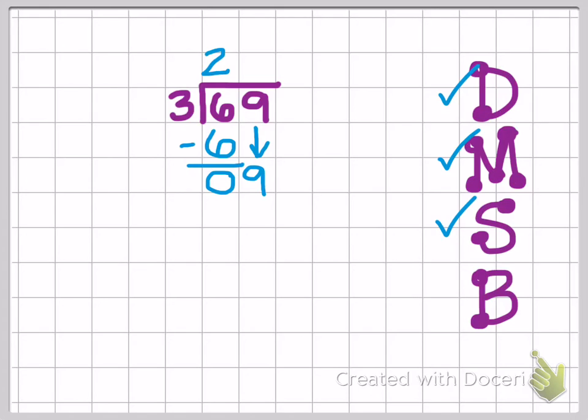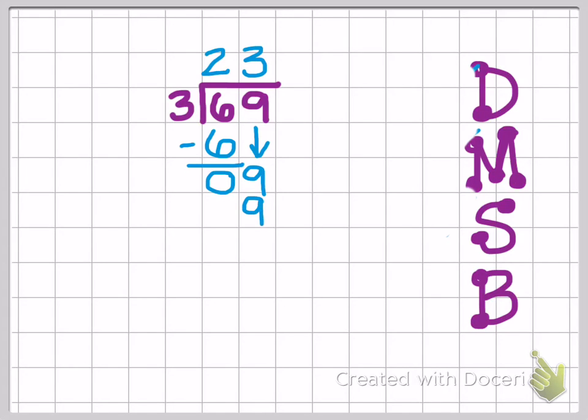It's time to start over with our steps. 9 divided by 3 is 3. Place the 3 right here above your 9. Our next step is to multiply. 3 times 3, okay? 3 times 3 equals 9.